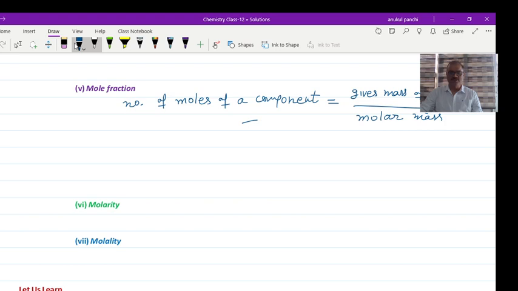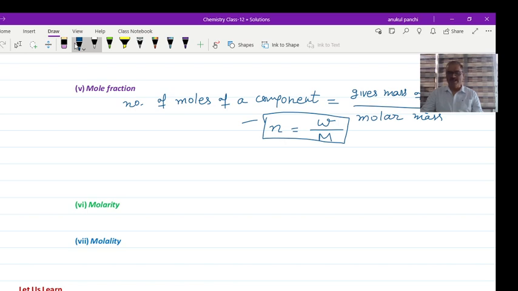We can shorten it. Number of moles we replace by small n. Given mass is W and molar mass is capital M. So this is the formula to get the number of moles of a substance.